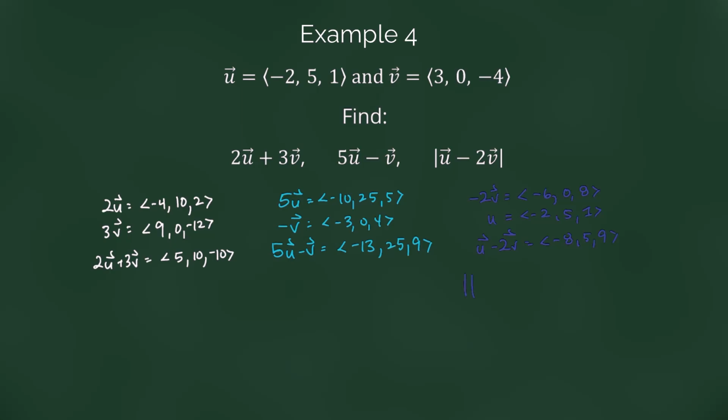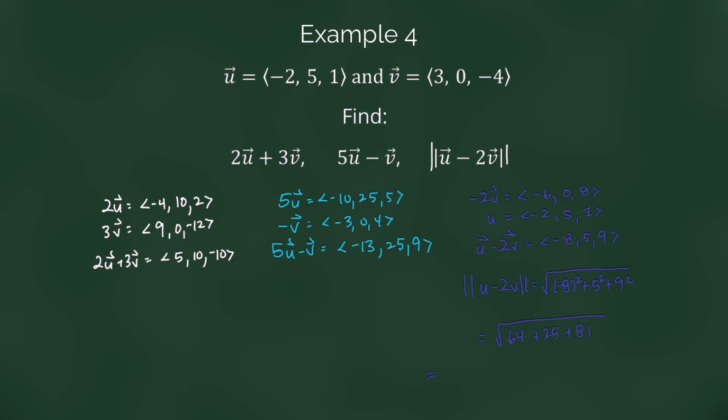And so the magnitude of that is going to be the square root of negative 8 squared plus 5 squared plus 9 squared, which is the square root of 64 plus 25 plus 81.